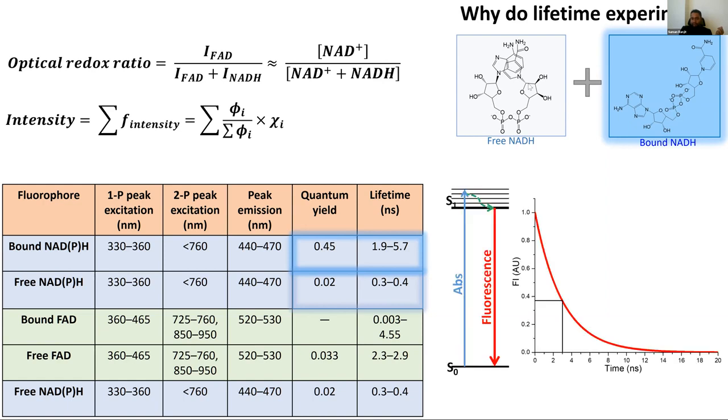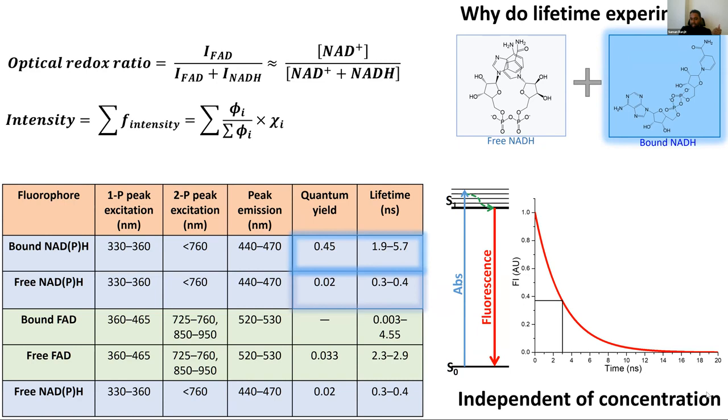Right? But if we can do lifetime, and I don't have to go into the lifetime, you have absorbance and fluorescence and the time that it spends in the excited state, which is dependent on molecular structure, which is one, and environment, which is another. And you can actually look at the lifetime.